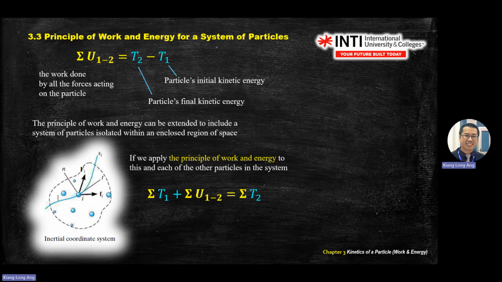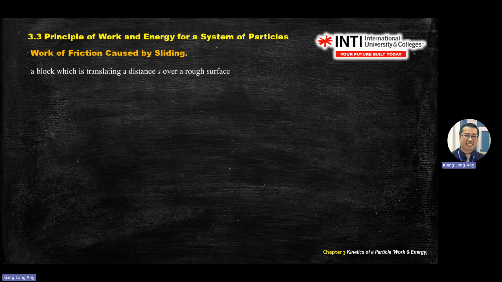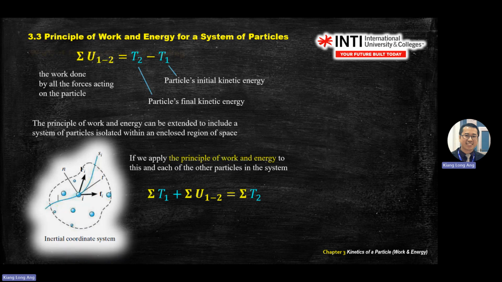So if you see the question mentions principle of work and energy, and you see the object is moving, the first equation that we expect you to write is this equation or this equation, same. You can write the sum symbol here, here, and here.